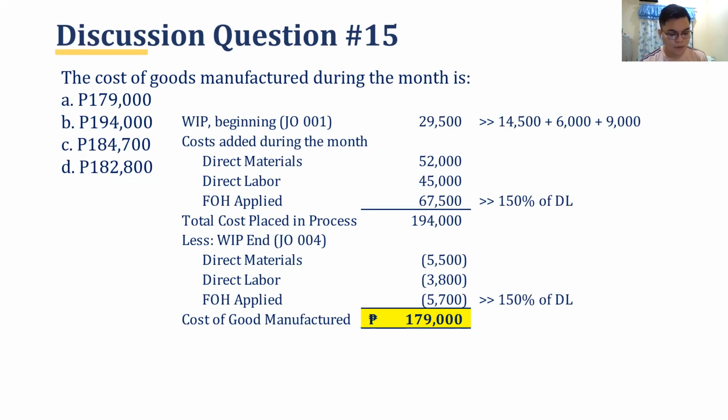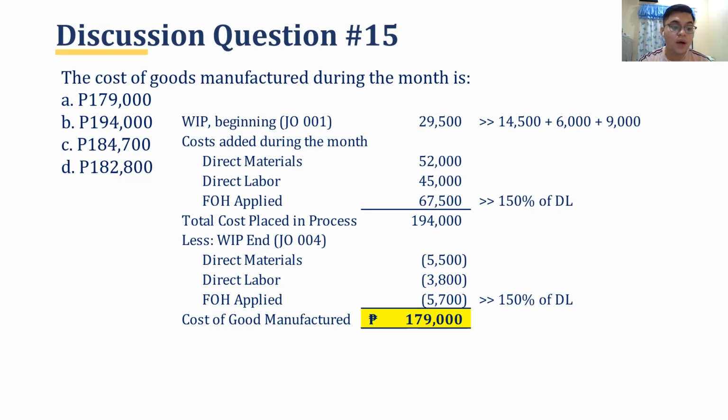Unang-una, remember that you have your beginning inventory for job 001. You just add 14,500, 6,000, and 9,000 for your manufacturing cost beginning. So that's a total of 29,500. Tapos, ipasok mo lang yung additional costs for the month.